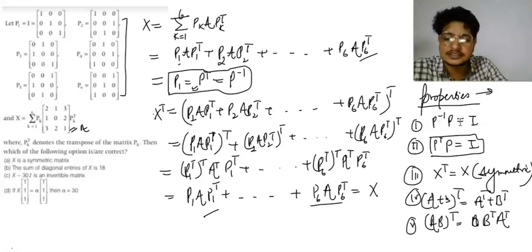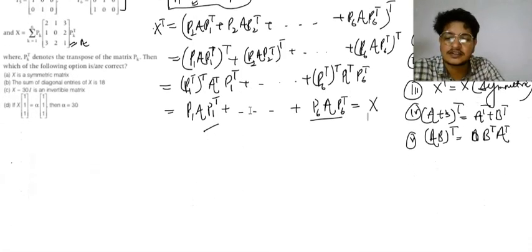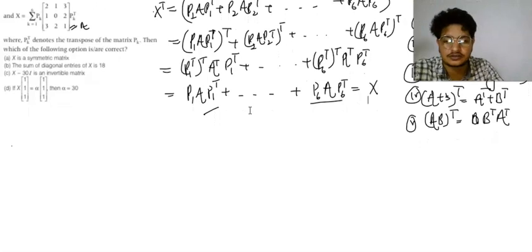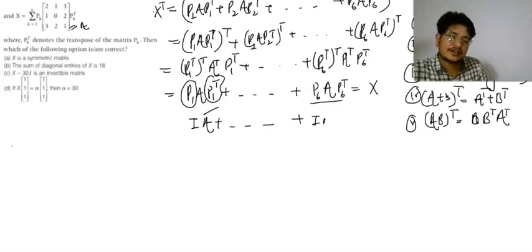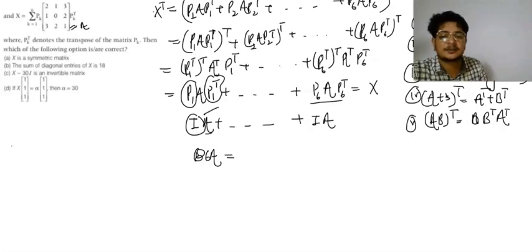Now we will go with the second option, whether the sum of diagonal entries of X is 18 or not. For that, P1 and P1 transpose can be written as P into P inverse, so I can write it as I. So I write it as I A, up to 6. I into A gives A, and A into 6 gives 6A, because there are six terms, P1, P2, up to P6.